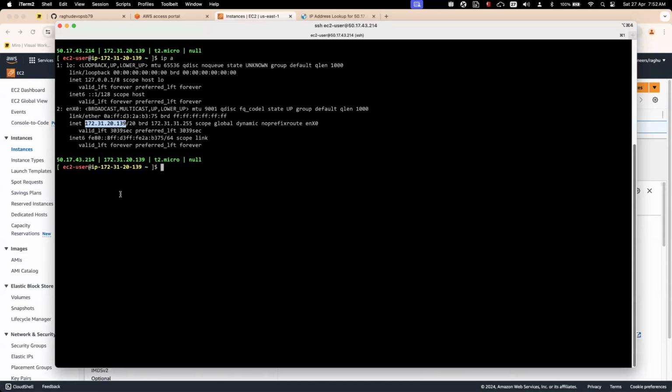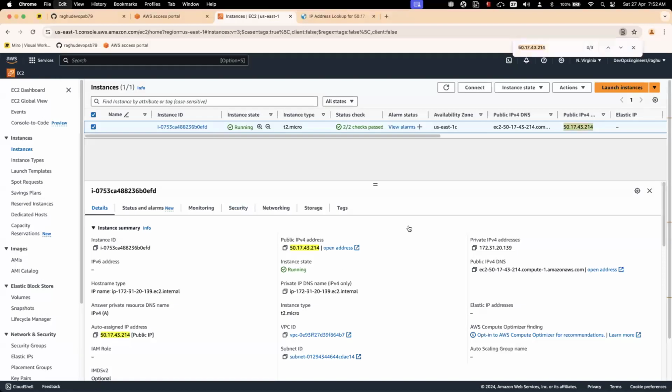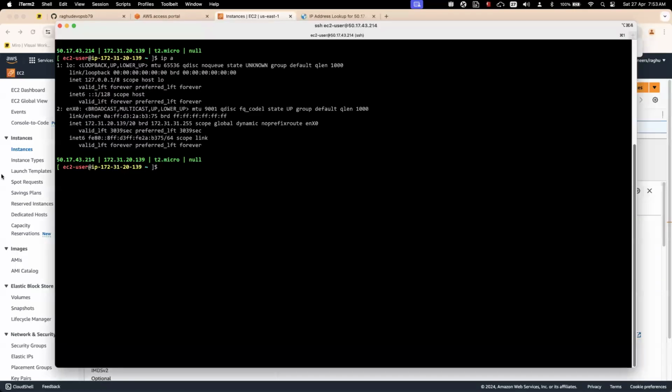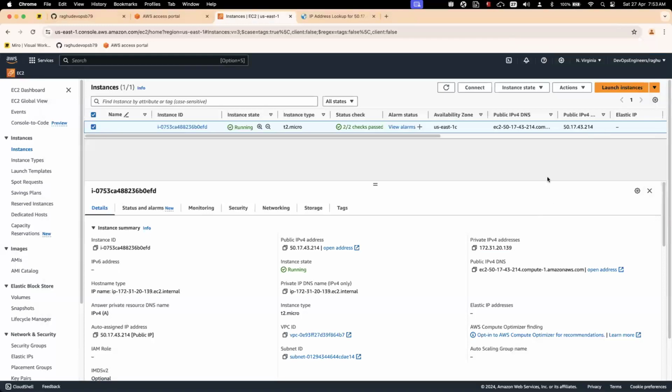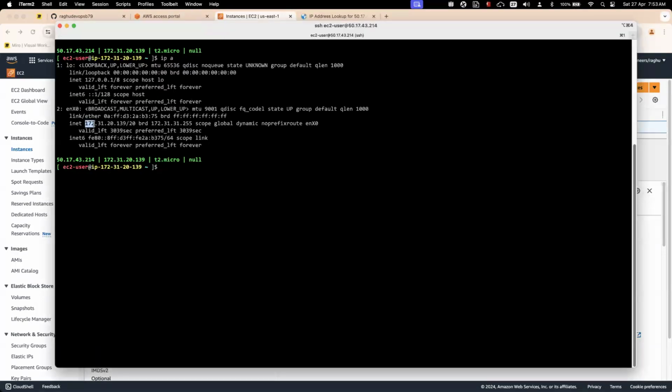So what is the IP address? 172.31.20.139. The same information is also available on the Amazon side. The AWS console is also showing that; they're just finding that information and fetching it. That's it, so this is the actual IP address.